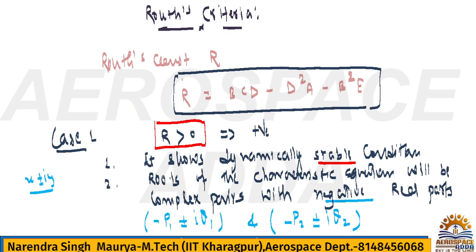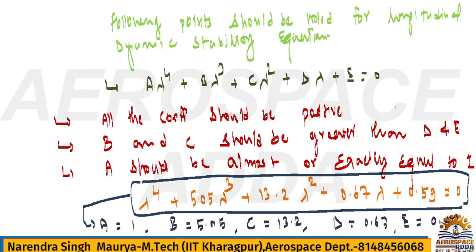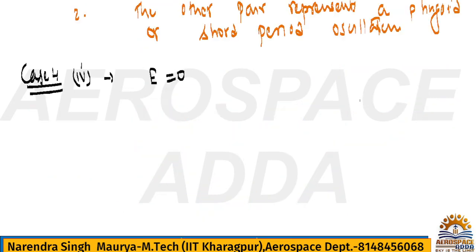If you check the standard characteristics equation, this is the E. So if this part is not there, it is 0 only, then what is the meaning of it? Its meaning is one of the values of lambda is 0.